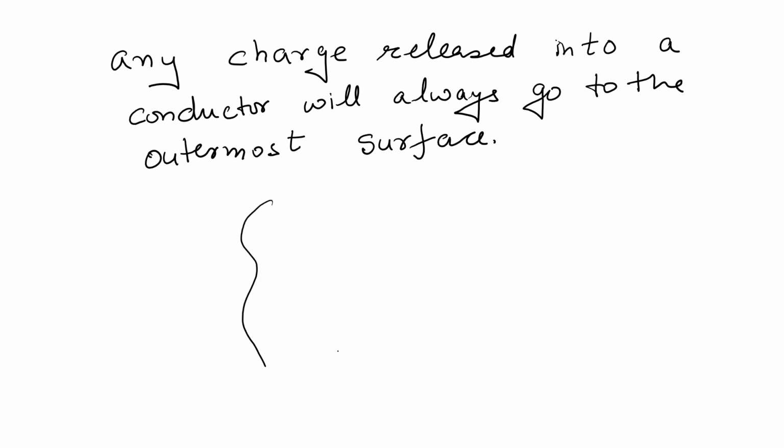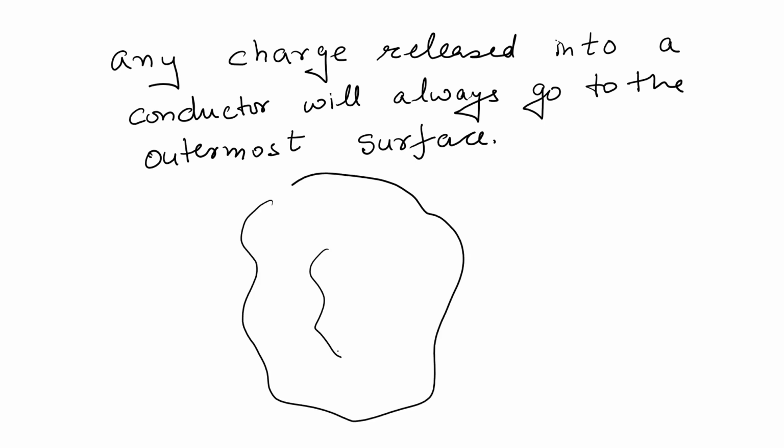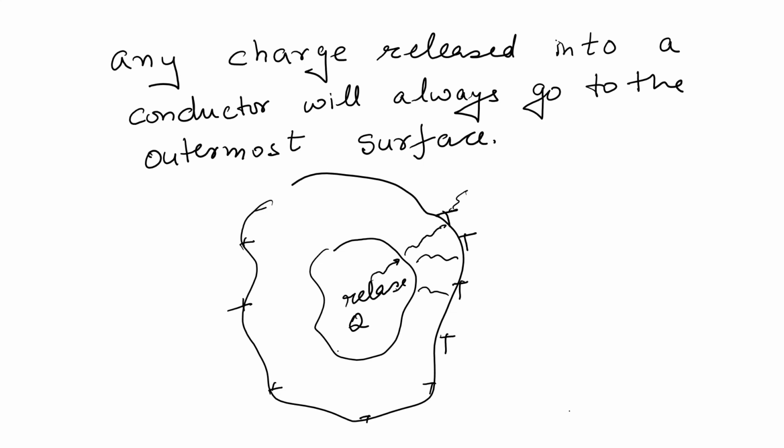Even if I have a conductor with a cavity, and instead of releasing the charge outside, I connected the battery to the inside part of the cavity, and I release Q inside, that Q is going to travel to the outermost boundary, and ultimately that Q is going to go and sit on the outside surface.